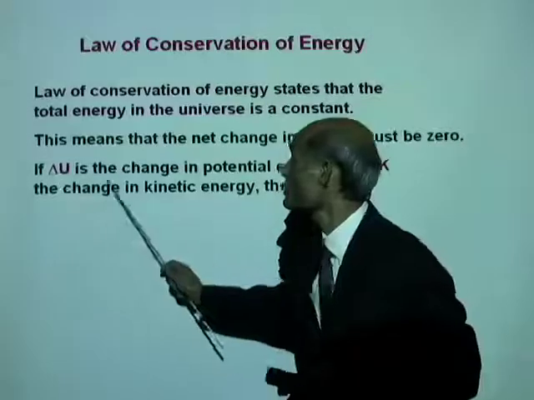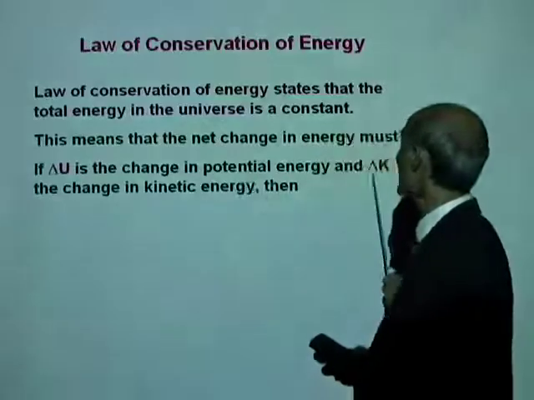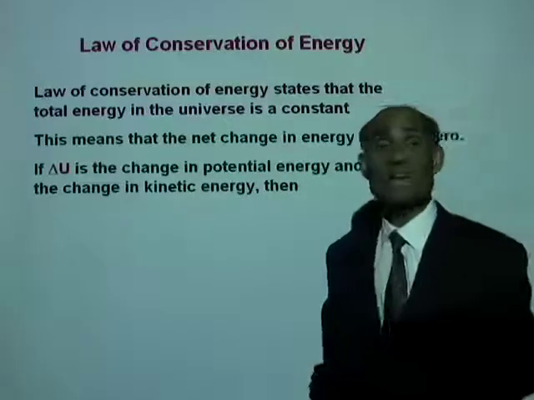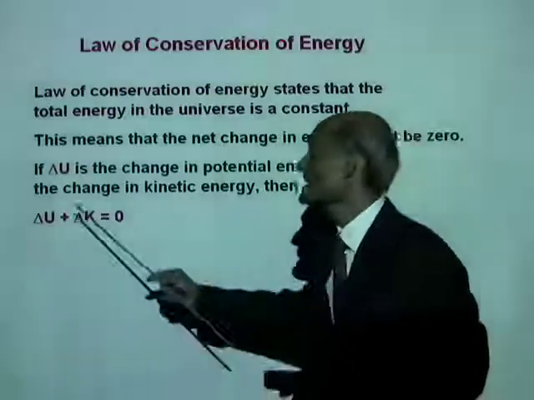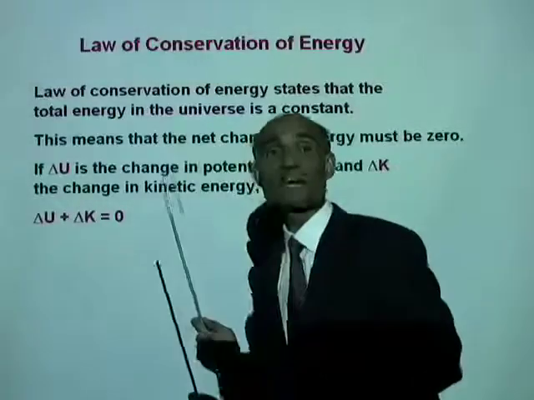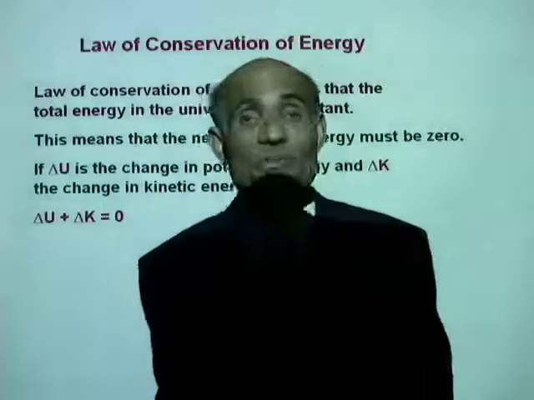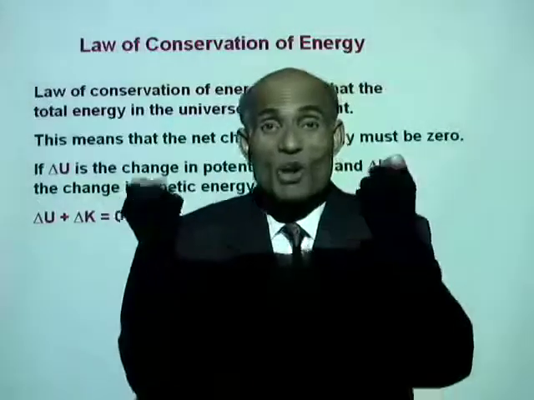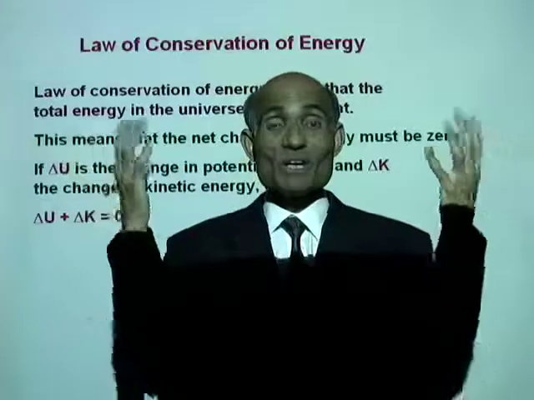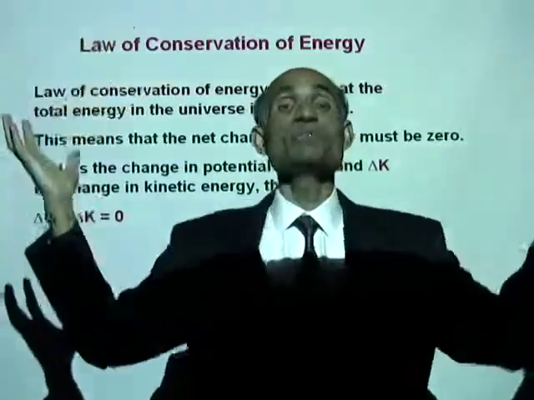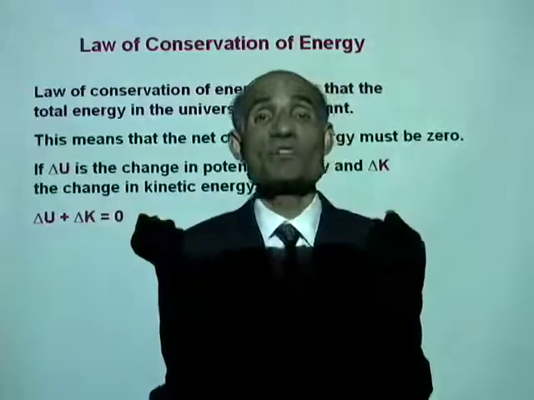If delta U is the change in potential energy and delta K is the change in kinetic energy, then delta U plus delta K equal to zero. The total amount of the change in energy will be zero. In other words, the total energy in the universe will never change.